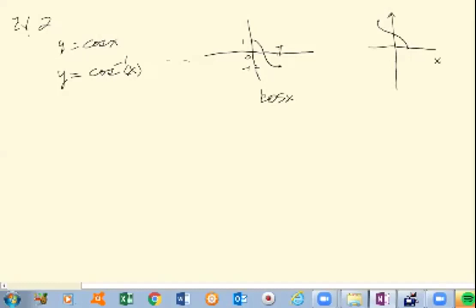So these points, again, the x and y values are interchanged. Let's just take a look at what happens to a few points. This point, which is 0, 1, becomes 1, 0. It's over here. This is the inverse cosine.